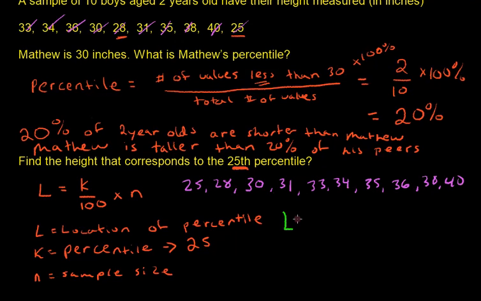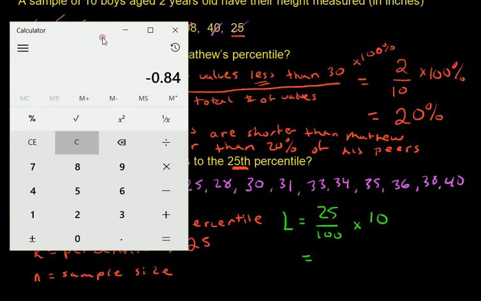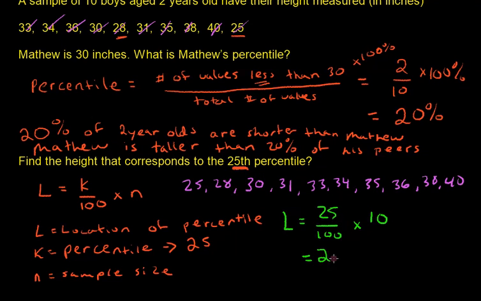So L equals 25 divided by 100 times the sample size, 10. We can get out a calculator: 25 divided by 100 times 10 is 2.5. So L is 2.5.